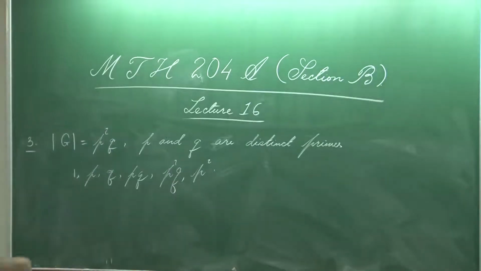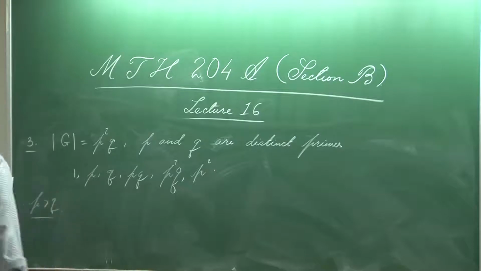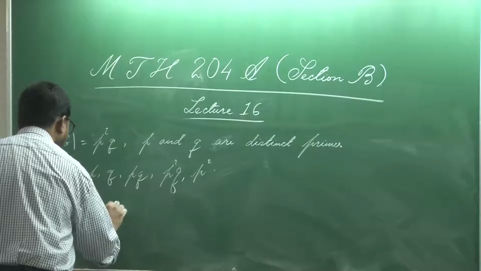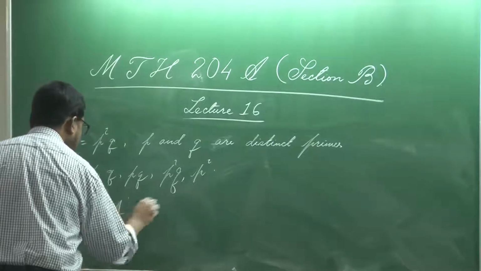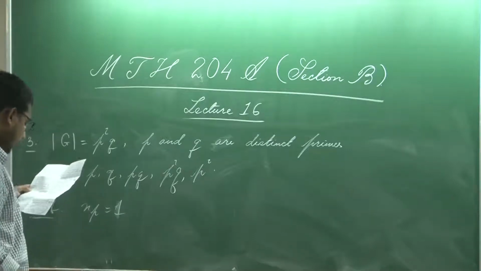These are the possible divisors. We have 2 cases. If p is greater than q, then np has to be 1. There is no other choice from this list.